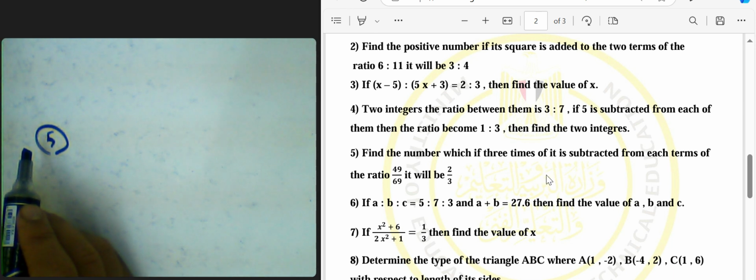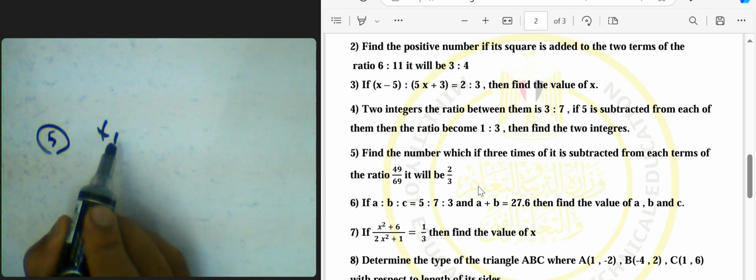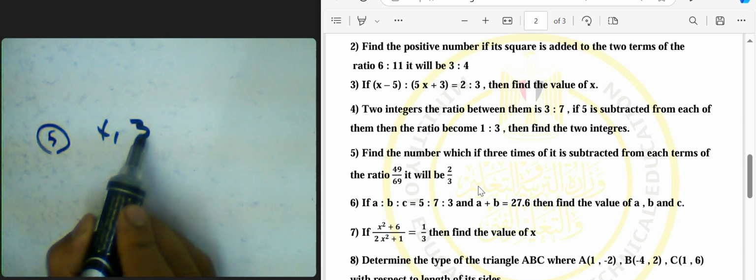Find the number which, if 3 times of it is subtracted from each term of the ratio 49 over 69, it will be 2 over 3. Okay, we will put the number x, and 3 times the number will be 3x.